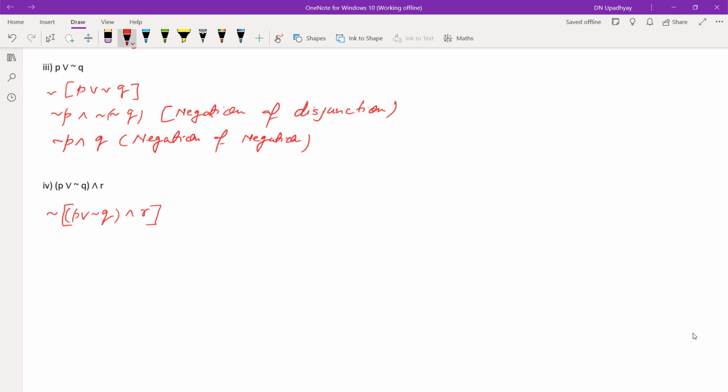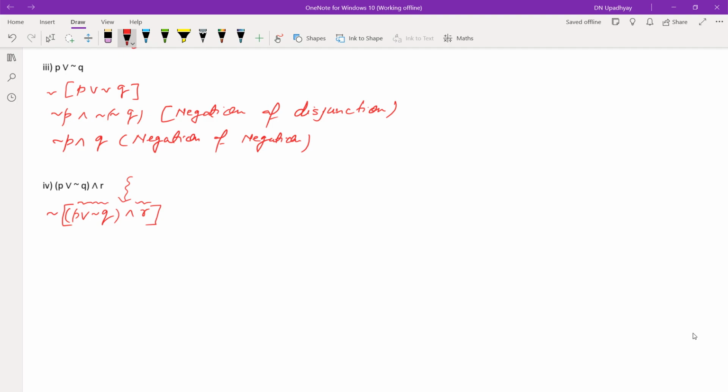So see, basically in this term the difference is that there are 3 terms. So we have to treat this bracket as the first term, means this one is the first term and this one is the second term. So if you see here the sign is what? And means negation of conjunction.